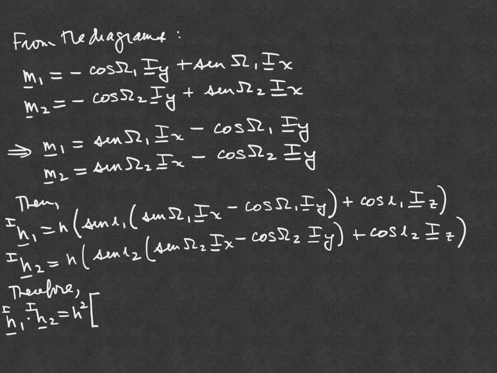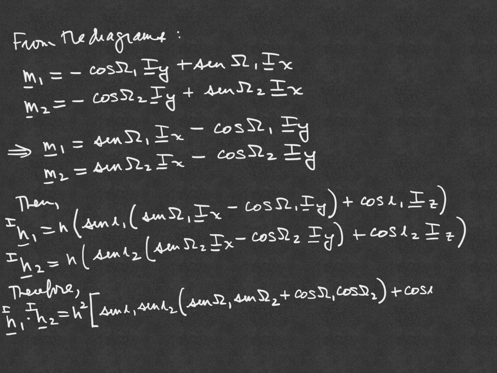Now if we look at the calculation, we have sine of I1 sine of I2 times, and we have sine of omega 1 sine of omega 2 plus cosine of omega 1 cosine of omega 2, plus cosine I1 cosine I2.